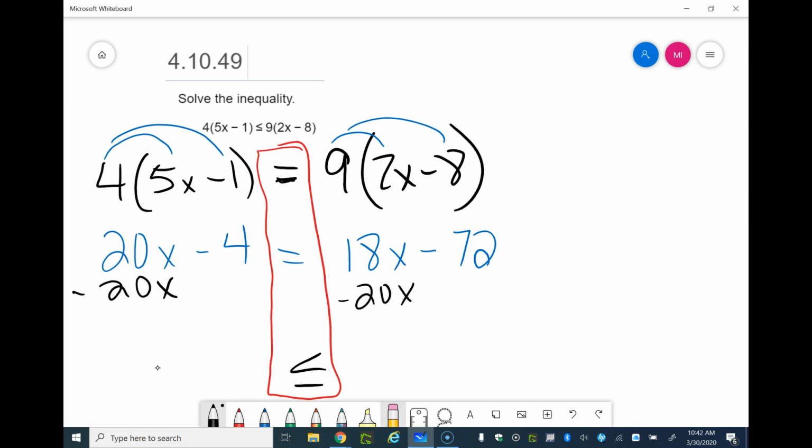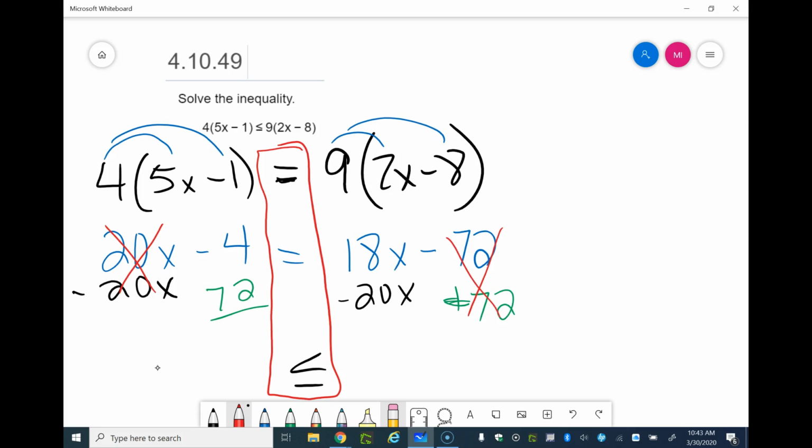And because I brought the 20 over this side, the 72 now I'm going to bring back over to the other side. So I'm going to add 72 to both sides. So then we know that this one here cancels out, and then this one cancels out.